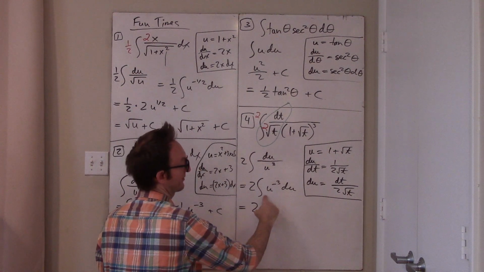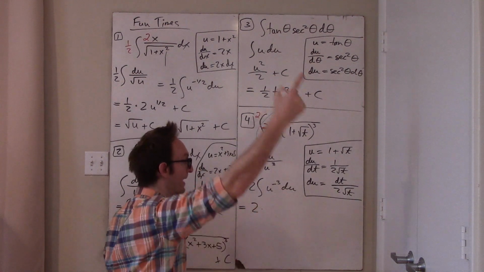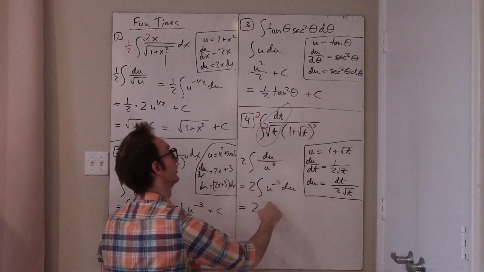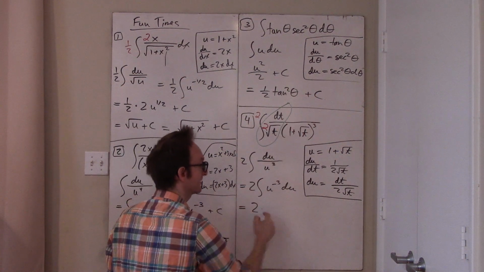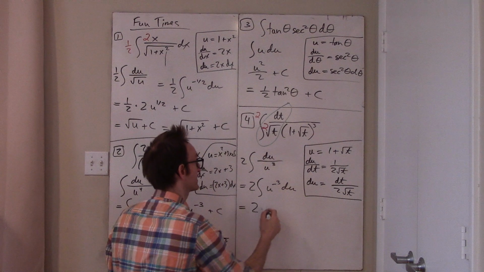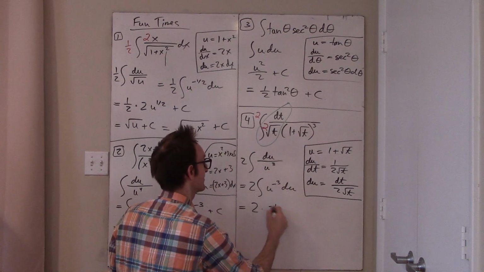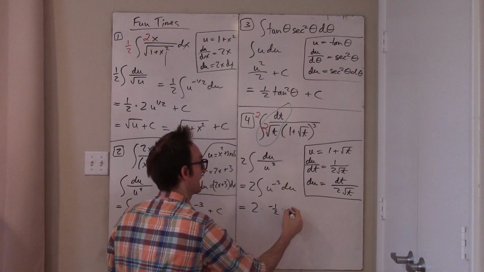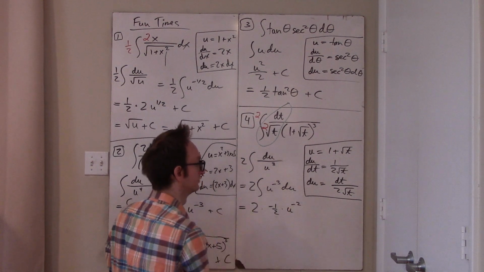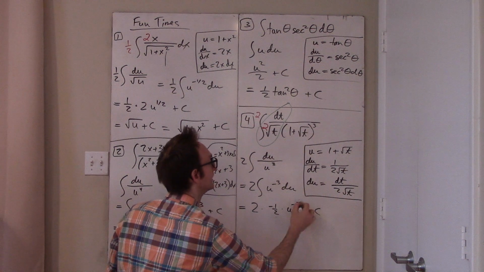And what's the antiderivative of u to the negative 3? Well, again, you go up a power, but that means to negative 2. And then you divide by negative 2. So that's going to be negative 1/2 times u to the negative 2 plus c.